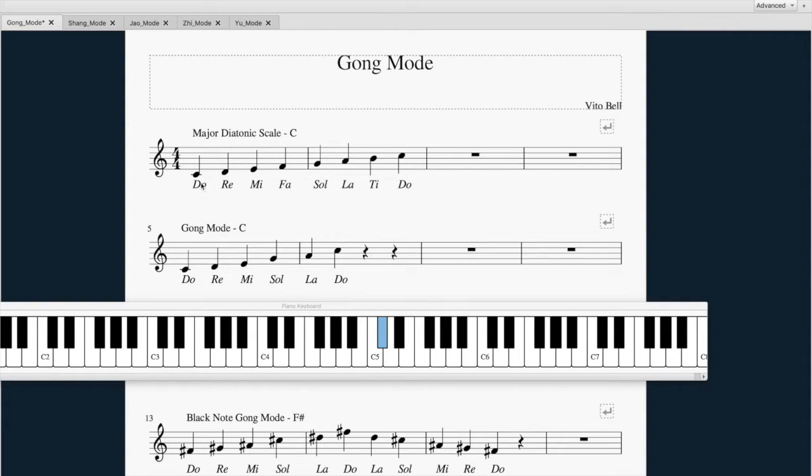So this is the major diatonic scale, and throughout any of these examples, I believe it would be a really great idea to look at the piano keyboard because you can really see it visualized on a piano keyboard. So starting off with the diatonic scale. All right, and moving on to Gong Mode.